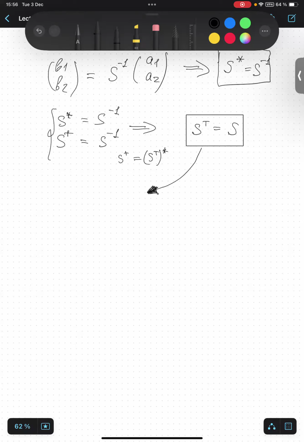So it says that if our transpose matrix equals S, we can say that our system is reciprocal. We can actually demonstrate it also through Maxwell's equations.